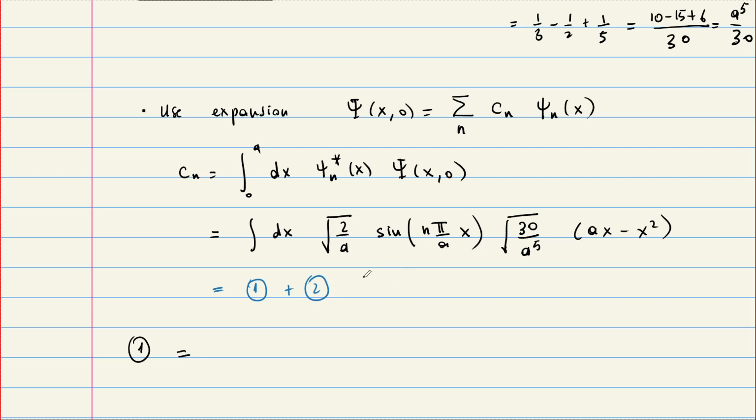Combine these two: root 2 here, root 30 here, giving 2 root 15 over the square root of a to the 6. If I take the root, this is a cubed. And this is dx, sine of n pi over a x, and I have a times x here. Yes.